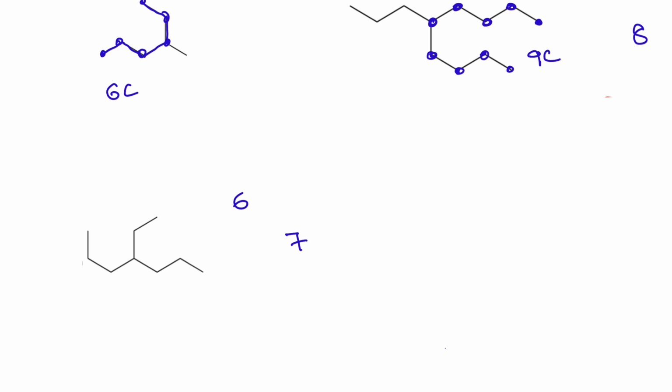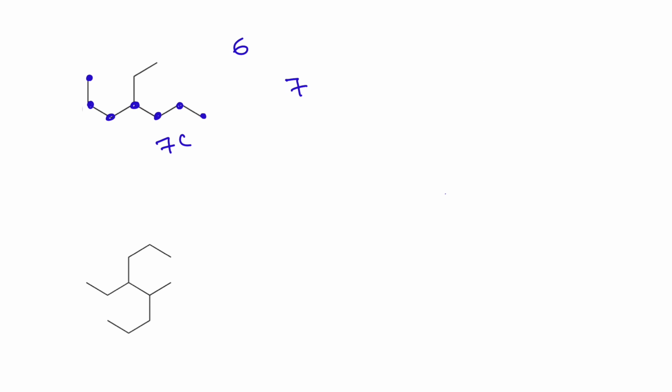One possibility is a 7 carbon chain, and here again it is a 6 carbon chain. So the longest carbon chain is the 7 carbon chain.